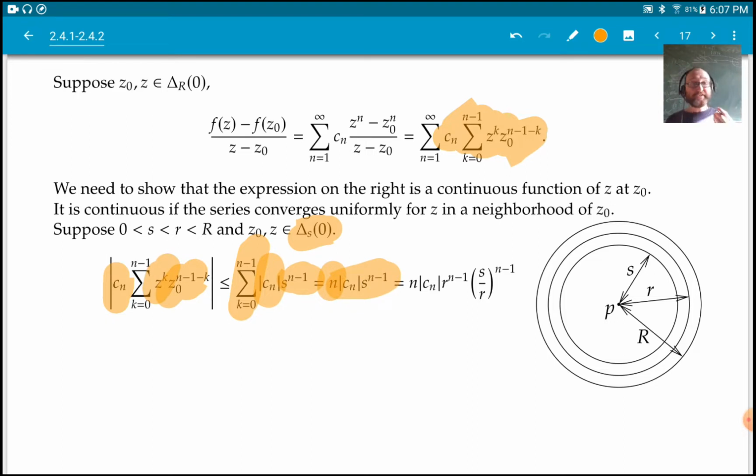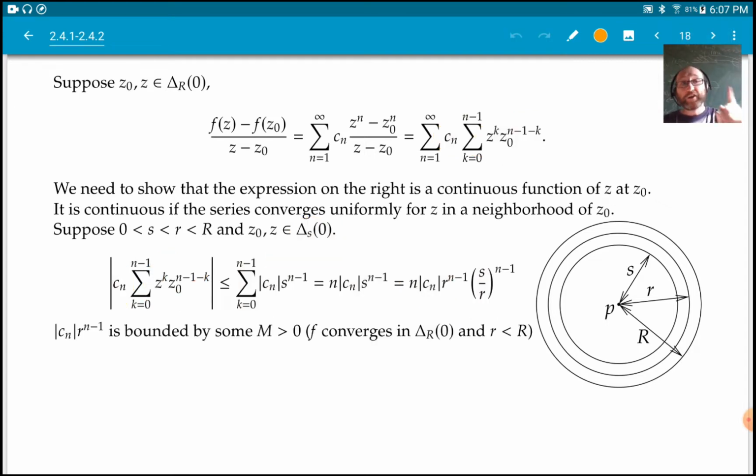So far, I haven't used the little r. To use the little r, I'm really looking at the thing without the n, but just with the r. That's what I'm going to know something about: a number that's strictly less than big R. To put the little r here, I have to divide it out here, and so I have this formula over here. Now, because the original series converged, this guy is bounded.